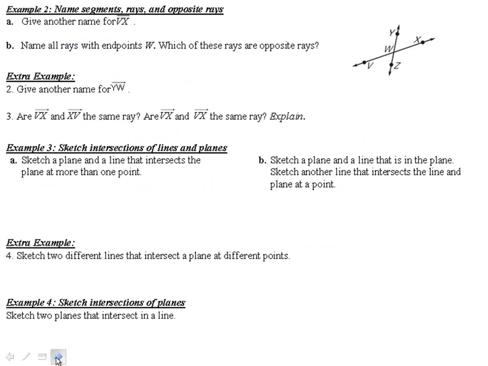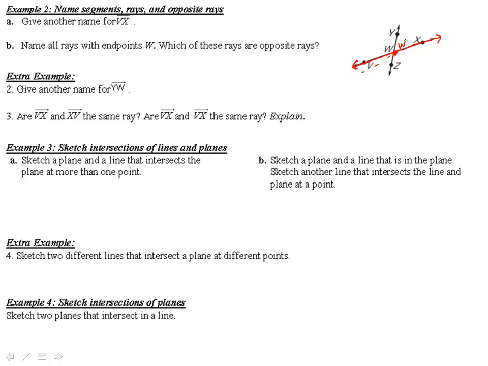Okay, example 2, name segments, rays, and opposite rays. It says give another name for segment VX. There's a little segment symbol above VX. So segment VX is right here. Okay. W is actually another point because two lines have to intersect in a point.